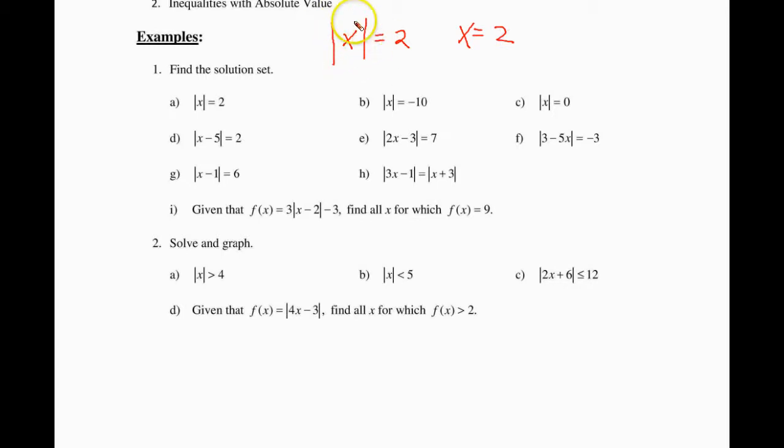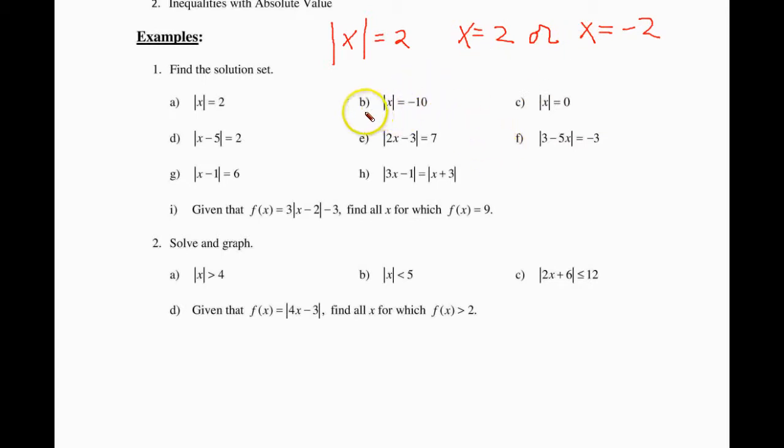We just took the absolute sign away and we write it. Then you write the word or. It could also have been x equal to the opposite sign of what is there, and that would be a -2. And those are your answers.